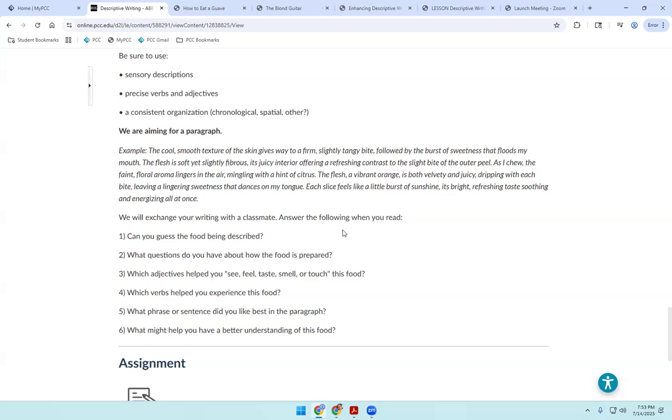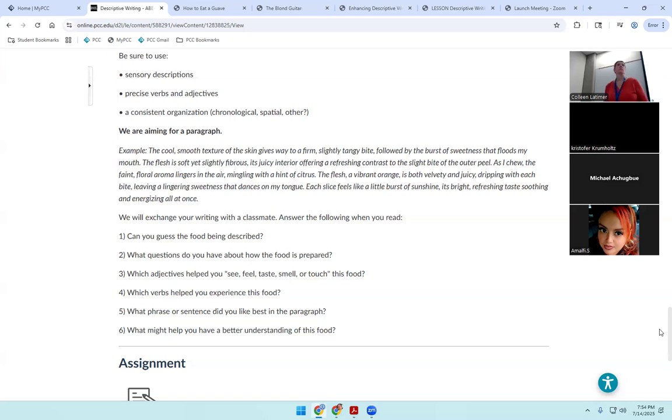Can anybody guess what that might be? It's given a lot of description, but it's not really focusing it too succinctly. Any ideas? How about what kind of food would it be? That's a great guess.